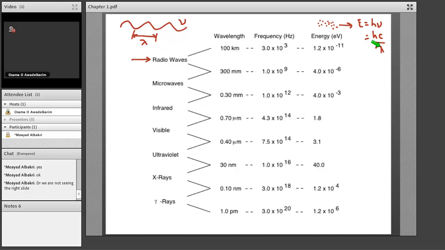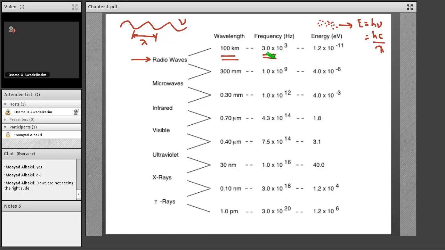Now, the radio waves with which we listen to the radio have wavelengths of 100 kilometers. Very, very long wavelengths, therefore the frequency is very small.